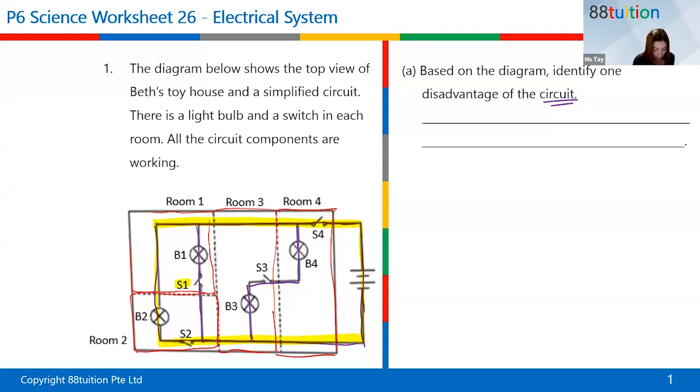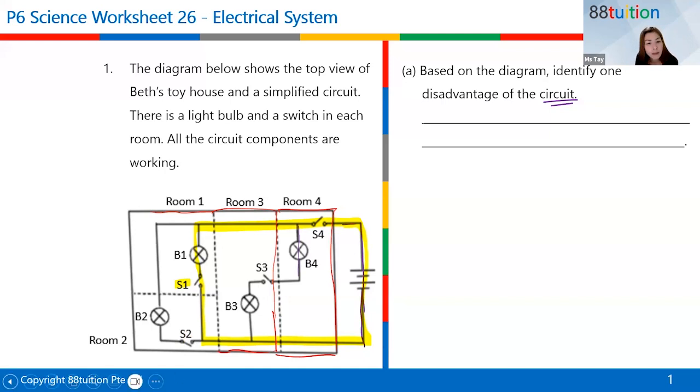Sorry, I drew the wrong one, it should be here, this one. If I try to turn on the lights in bedroom 2, you will see the same problem. Even if I switch on S2, if S4 is not switched on, no electric current can flow. It is the same for the third bedroom also.